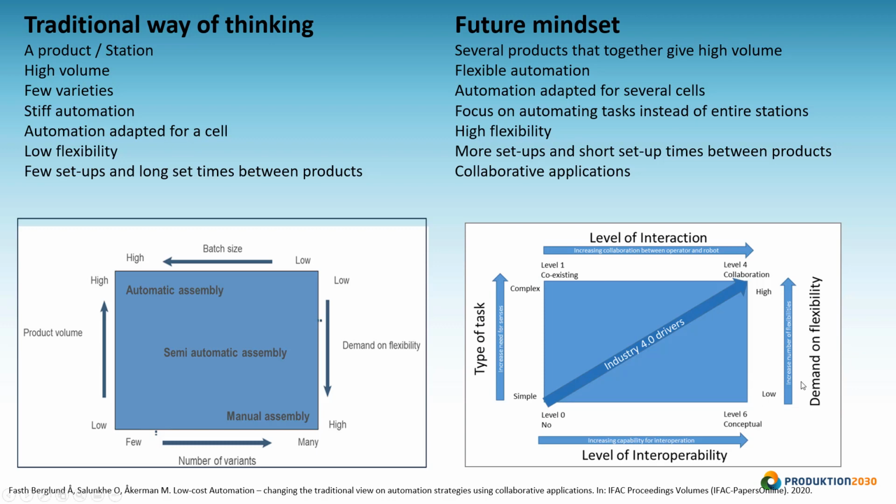And I will show you an example of low-cost automation, which is quite stiff because you don't have the demand on flexibility. And then you have something called interoperability, which is the communication between systems, machines, robots, humans. So levels of interoperability. So these are some of the factors that you also need to consider.